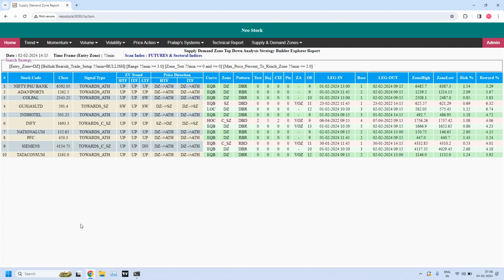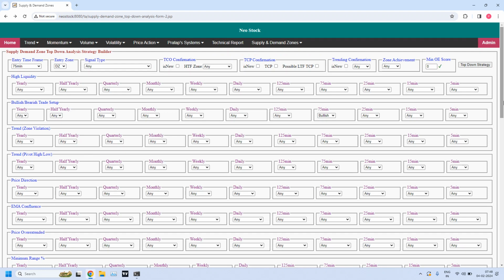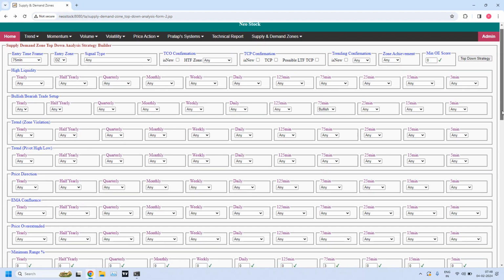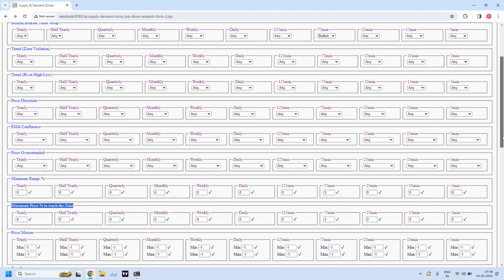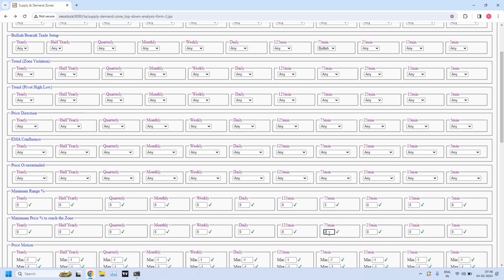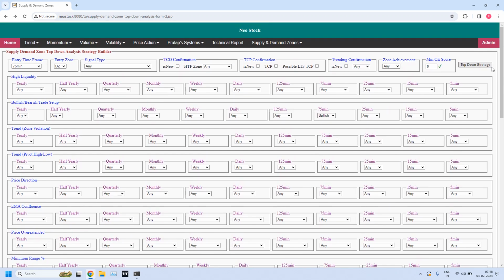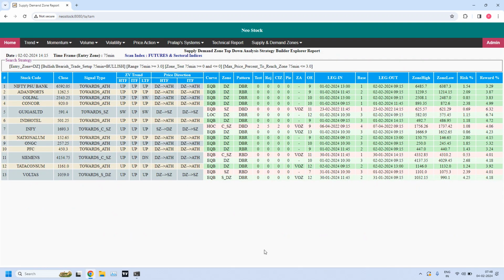Okay, now I will check the 3% level. That is the maximum, because we are looking for stocks having at least 3% reward. So I will limit to 3%. So I am changing 2 to 3 here. Thirteen stocks are filtered. This is enough for us.